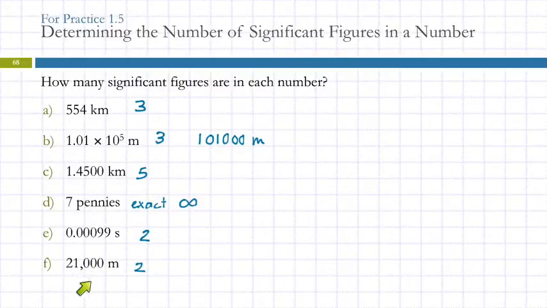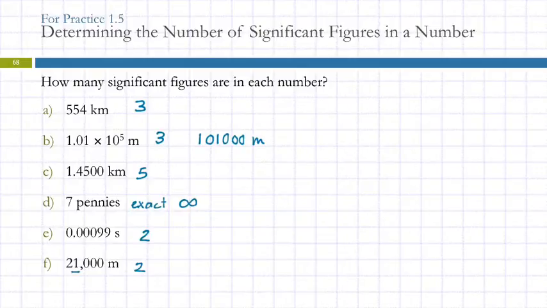So this number, 21,000, where is the uncertain digit then? The uncertain digit is the last significant figure. It's the 1. Sometimes we underline the last significant figure. What we learned was, unless it says otherwise, it implies plus or minus 1 in the last digit, the uncertain digit.